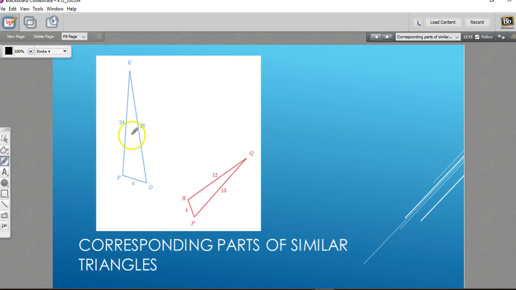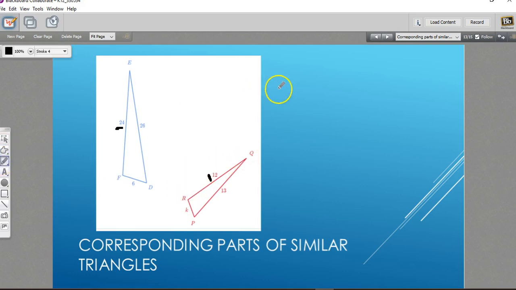So for instance, we can see that EF is going to correspond with RQ. Okay, so what they'll give you are 2 triangles, and you have to write the similarity statement. So we know that EF corresponds with QR, right?